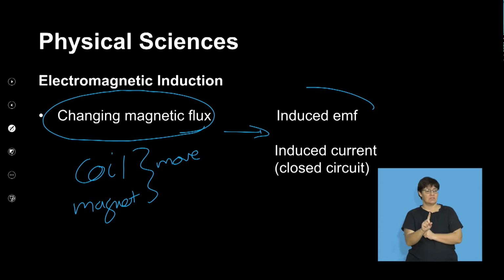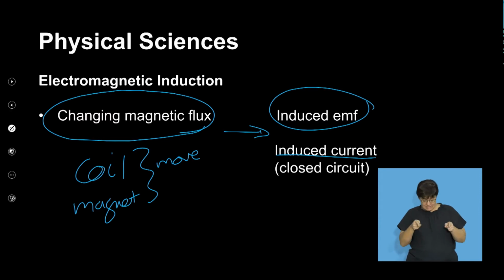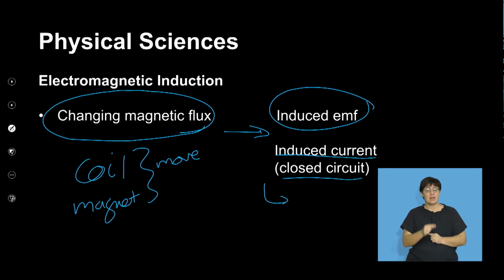You induce an EMF. If the coil is just a coil that isn't connected in a closed circuit, it will produce an EMF across the ends. But if we connect it into a loop, into a closed circuit, then we will get a current induced as well. And we would say, if there's a current induced, then we've got moving charge. So this is converse thinking.